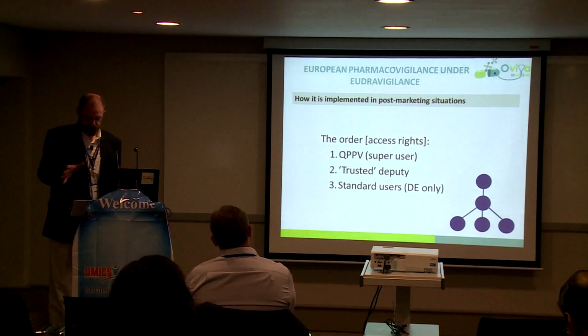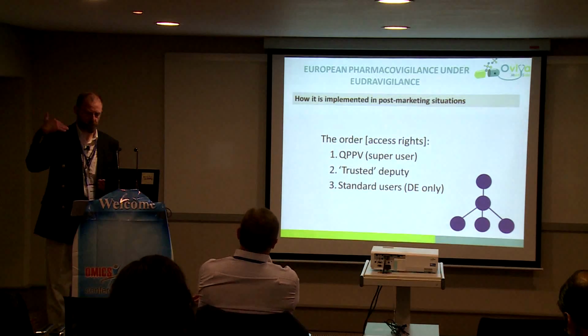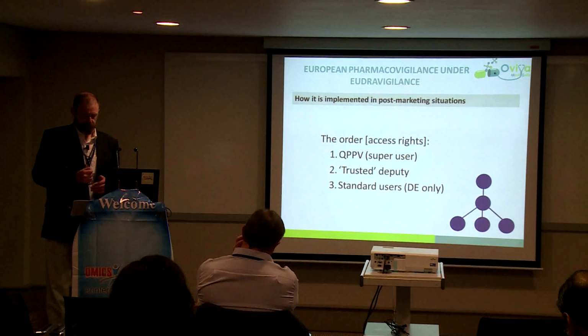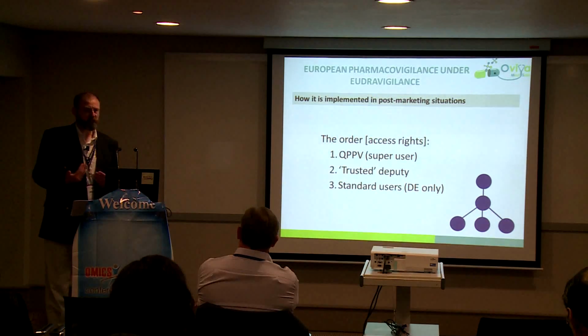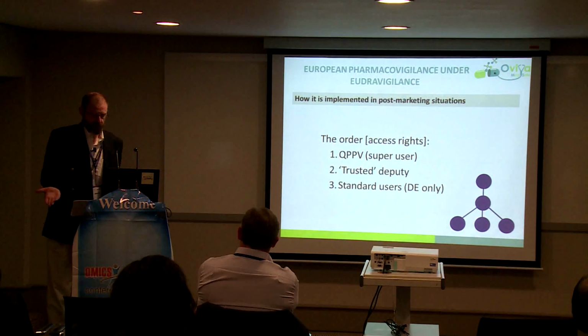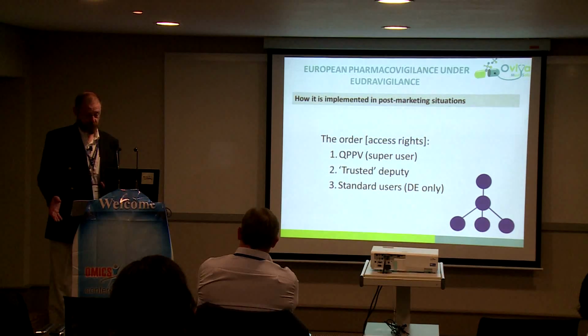But on the access rights, the QPPV is obviously a super user that can do all sorts. The trusted deputy is a super-ish user, or quite super as a QPPV. They can only do so much, and then they have to refer things to the QPPV. The lowest level is obviously the standard users who can deal with the data entry only.